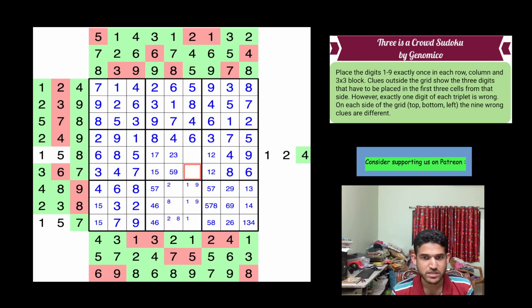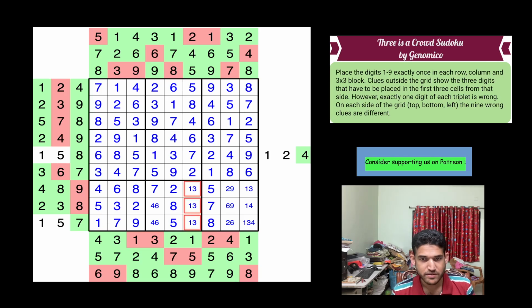So there is exactly one digit here. 2, 2, 1, 3, 5 and 9. 1 or a 7. 3, 4, 9, 1, 6 and 7. So that's 2, 5 and 8.